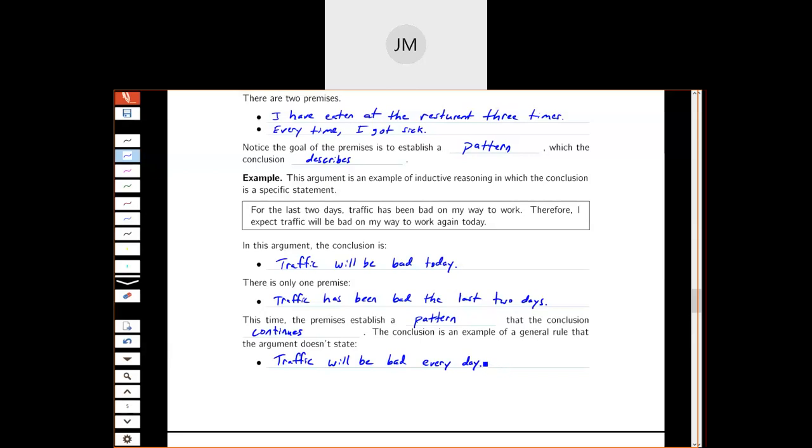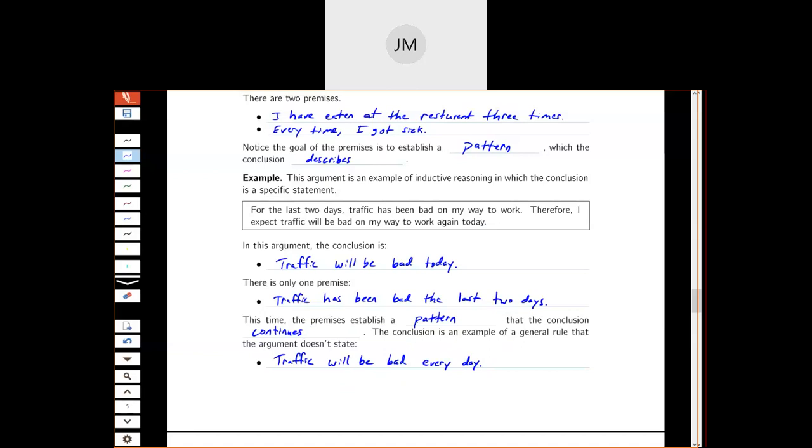That's the general rule, but we didn't have to say that as part of our argument. We could have taken these specific cases and then just argued one more day, because what we're really doing is saying the general pattern is that it will be bad every day, and we're going to apply it to the day that we care about today.